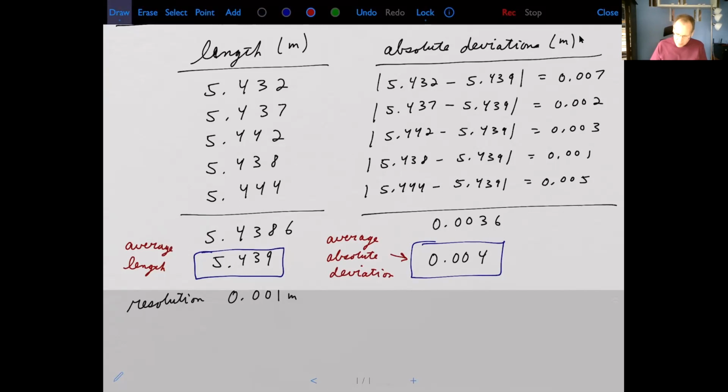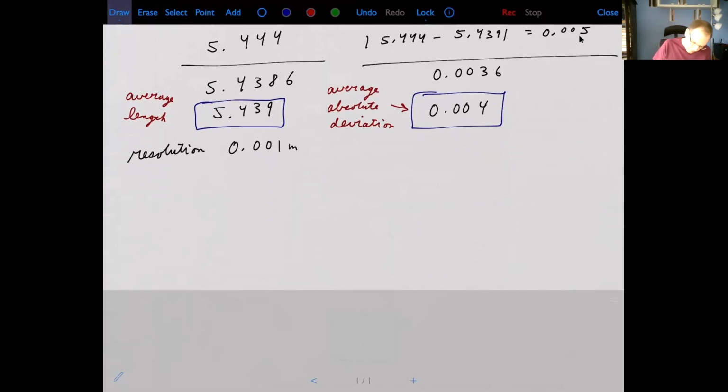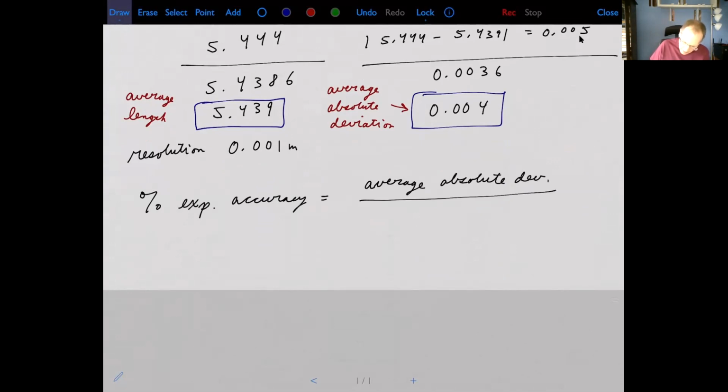So now to compute percent experimental accuracy, I take my average absolute deviation and I divide by my average value, in this case, my average length.